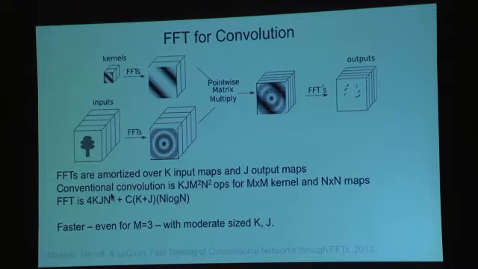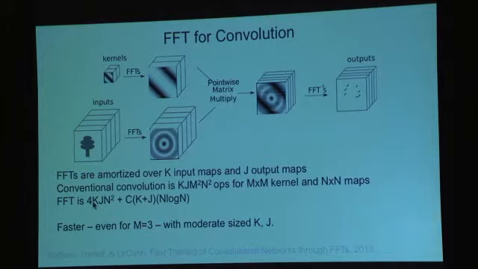For the FFT, I do the 4kj n squared. That's basically doing the pointwise multiply. The 4 really I can reduce to 3 is the cost of doing the complex pointwise multiplication. And then I have this thing which is n log n, but it's multiplied by k plus j instead of k times j. So if I have hundreds of filters, this term goes away, and I basically have reduced an m squared computation to a computation with 1 complex multiply per point.